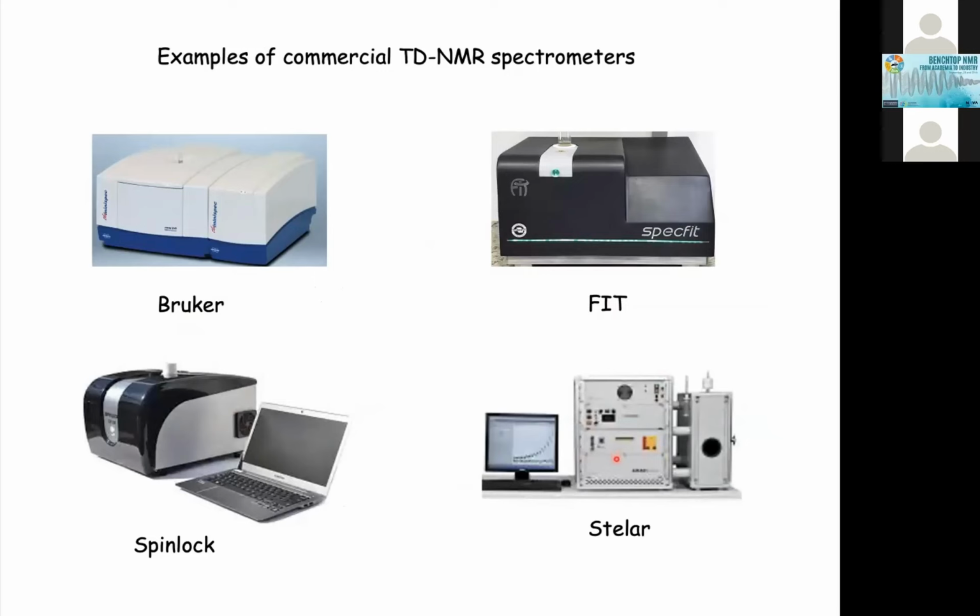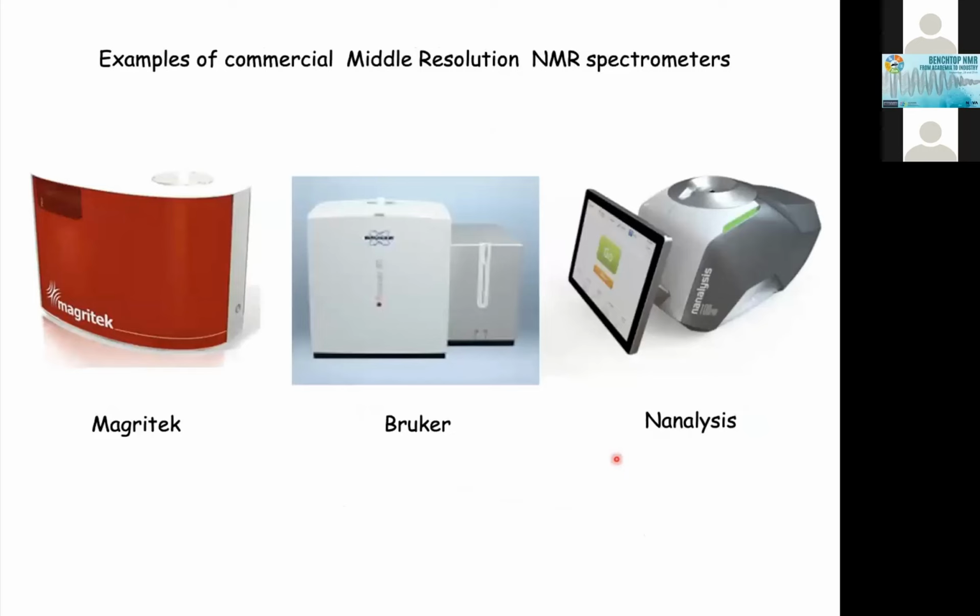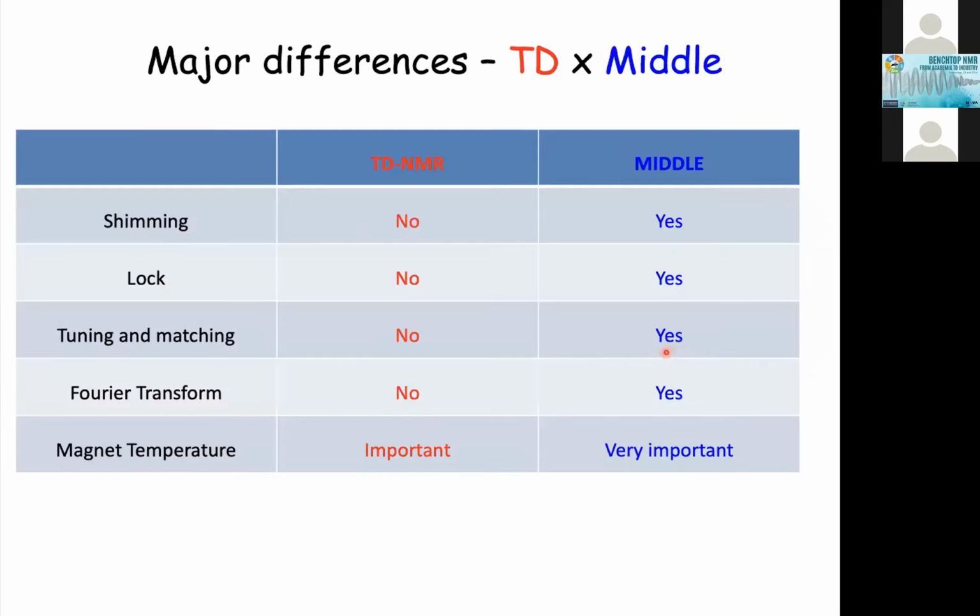This is a Stelar made in Italy, okay? But there are other manufacturers. Some examples of NMR spectrometers with middle resolution are Magritek, that we will probably see some presentation from, Bruker and Nanalysis, okay? And these are three of them, but there are also other equipment on the market.